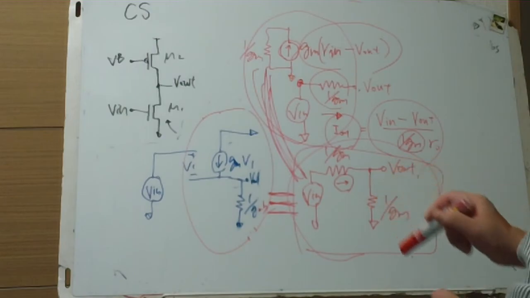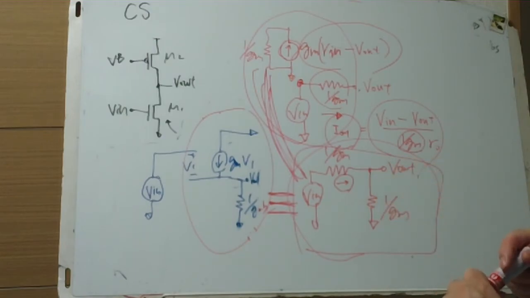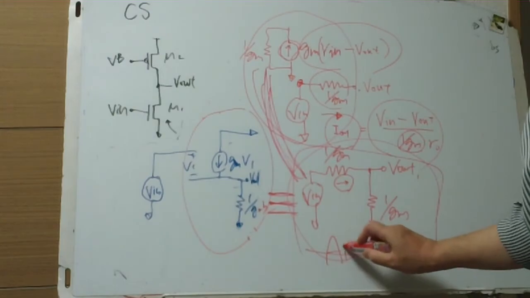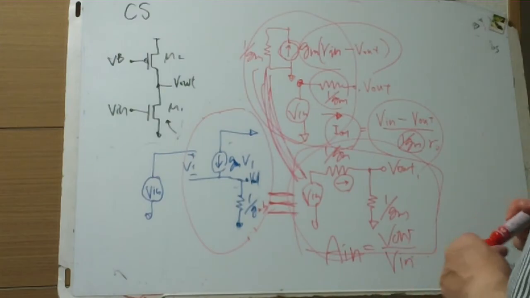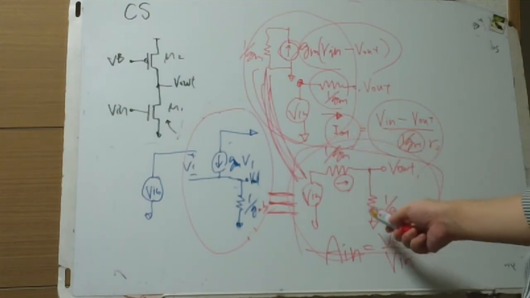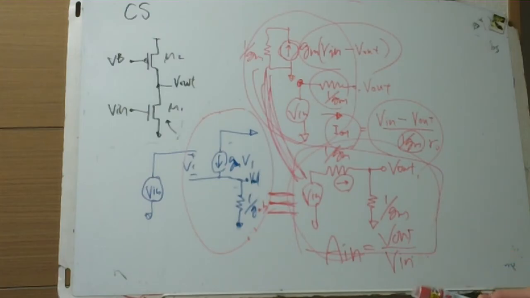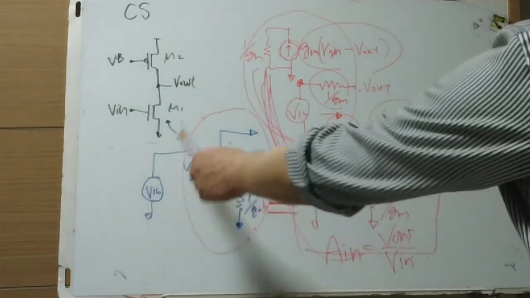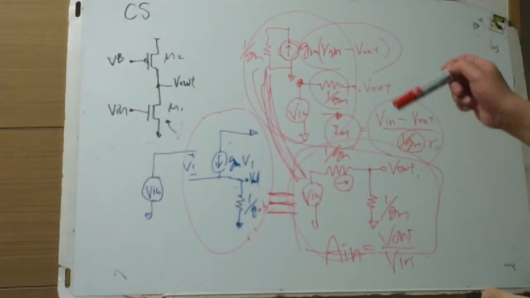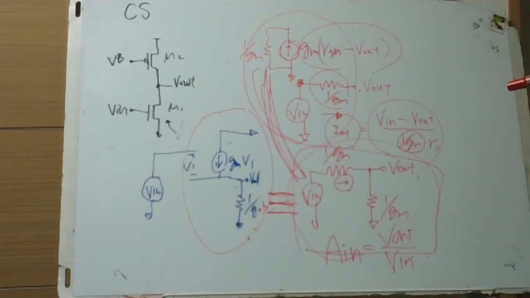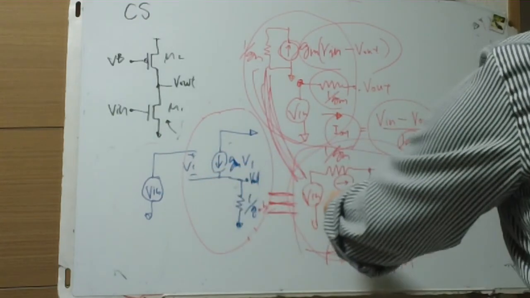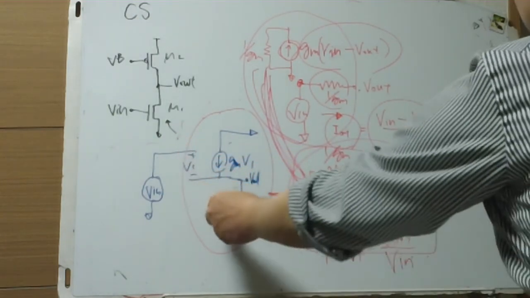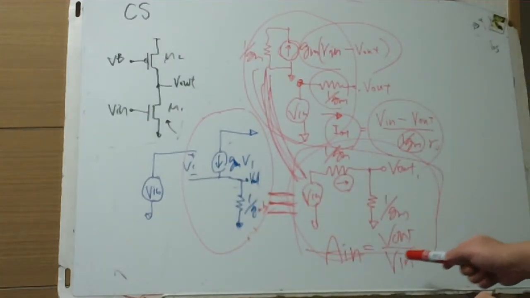And from one side we got V out over V in as a voltage divider. But from this, we need to write the equation carefully, not to get it wrong.